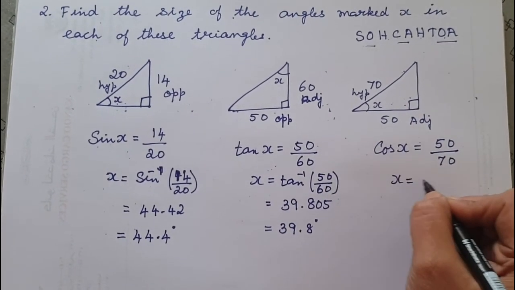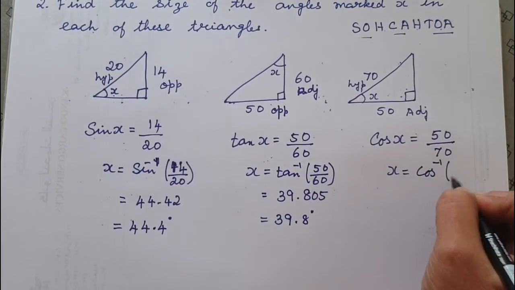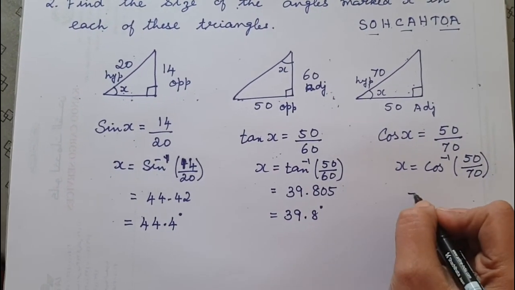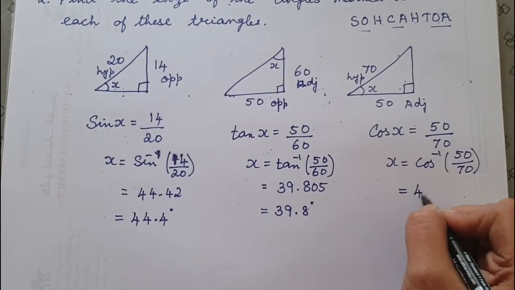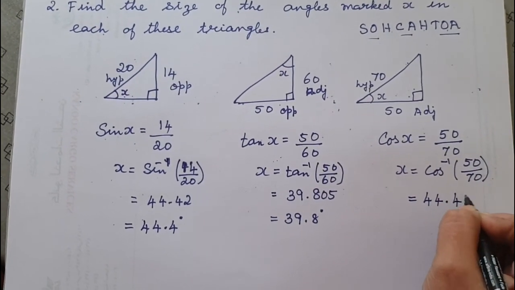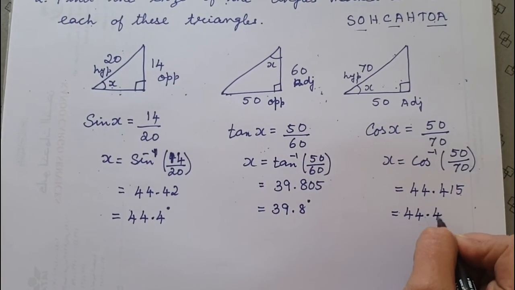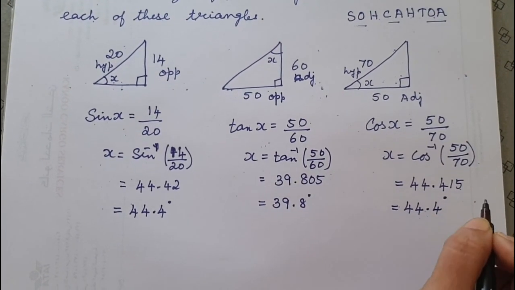So x will be equal to cos inverse of 50 over 70, which is 44.415, that is 44.4 degrees.